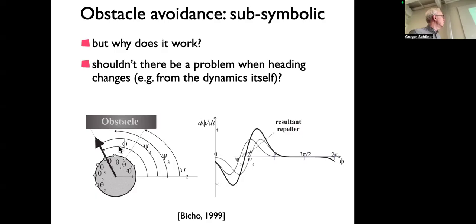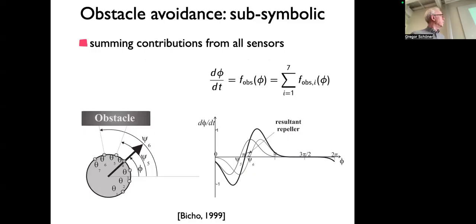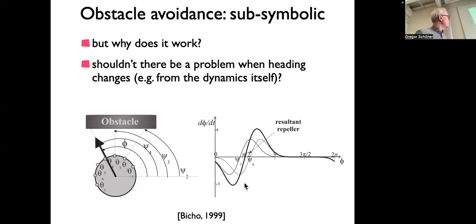It's only sensors 3 and 4 that now sense the obstacle. And the plot looks very similar, except that it's now psi 5 and psi 6, but previously it was, sorry, no, it was still the same sensors, right? I'm confused. Well, it should be 3 and 4. Maybe this is wrong here. I don't remember. We'll see in a moment.